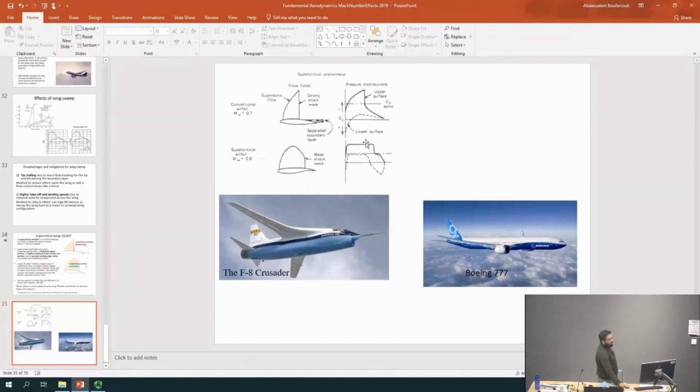This is one way of recognizing it. This huge drop here in the pressure indicates a stronger shock wave, compared to the smaller drop in pressure with the supercritical airfoil. So this is another way of recognizing a weaker shock compared to a very strong shock on a normal airfoil.